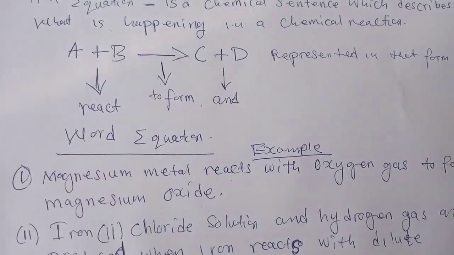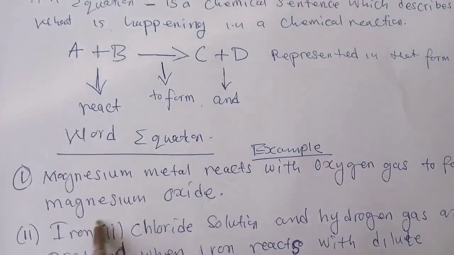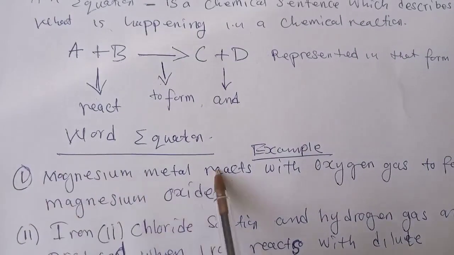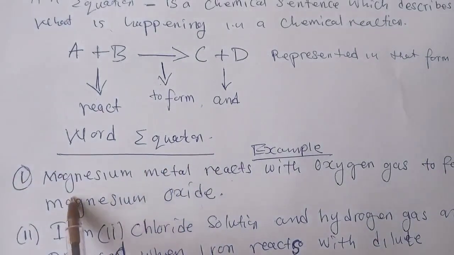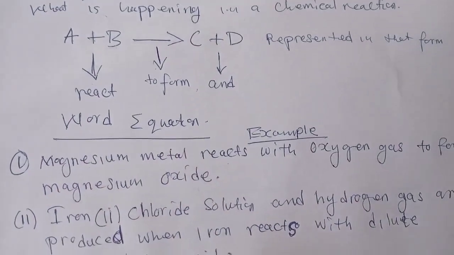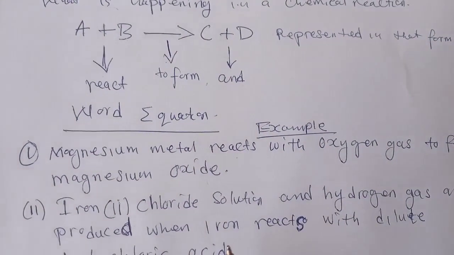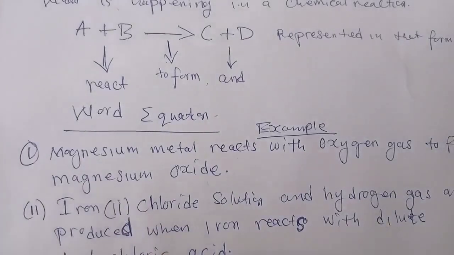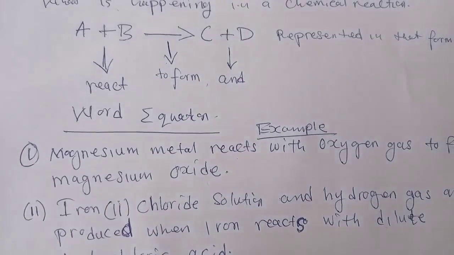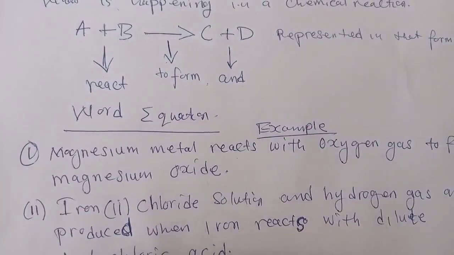The atoms or the elements are represented using their names. But apart from this, we also have what we call a chemical equation.